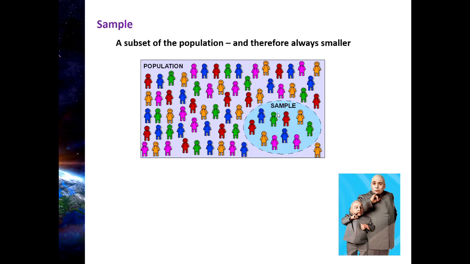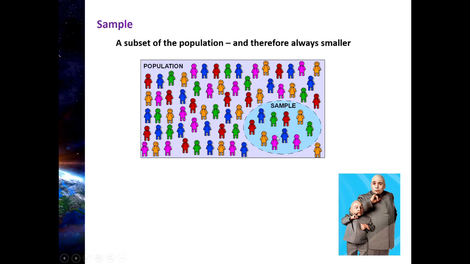But usually samples are quite a bit smaller than the populations. Usually it's not just one less than the population. If it was one less than the population, I would say, what are you doing? Get back out there and go get that missing person or that missing animal. All right. So samples then are always smaller than the populations they came from.